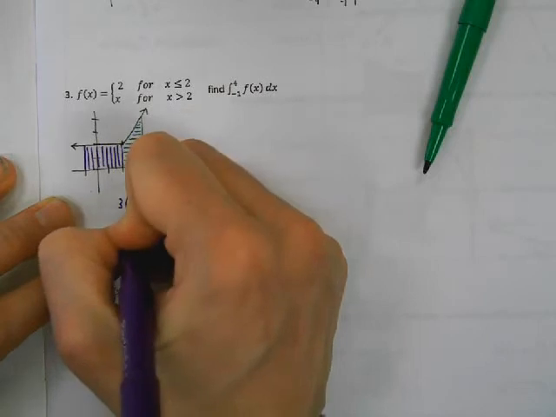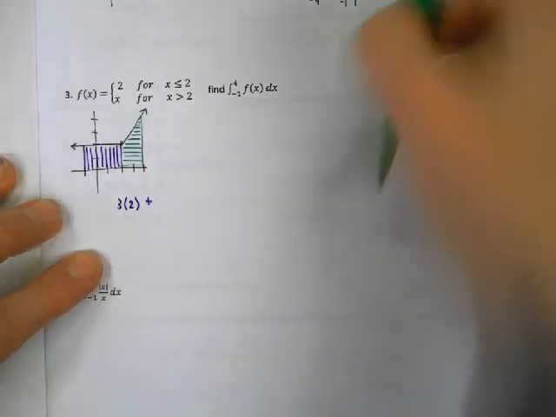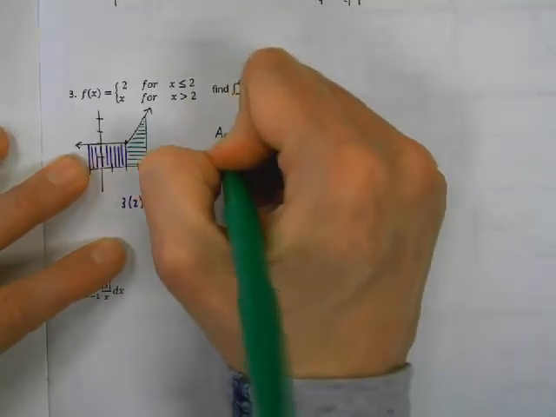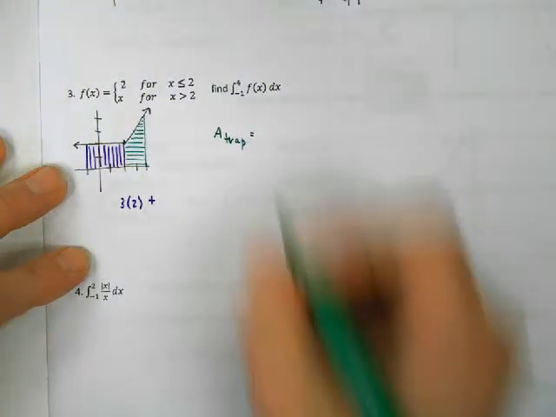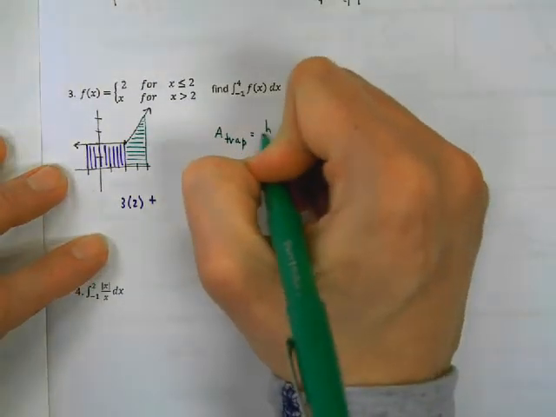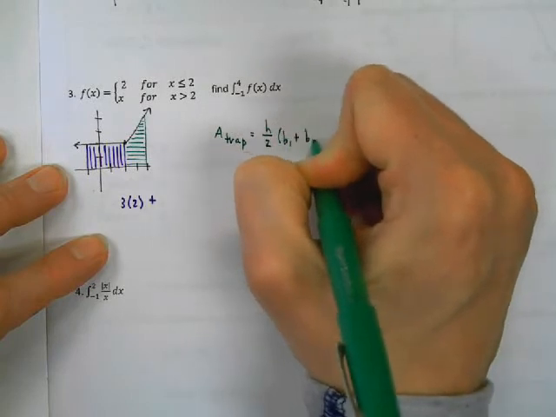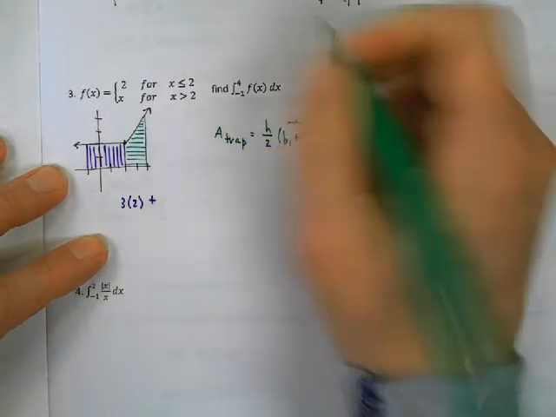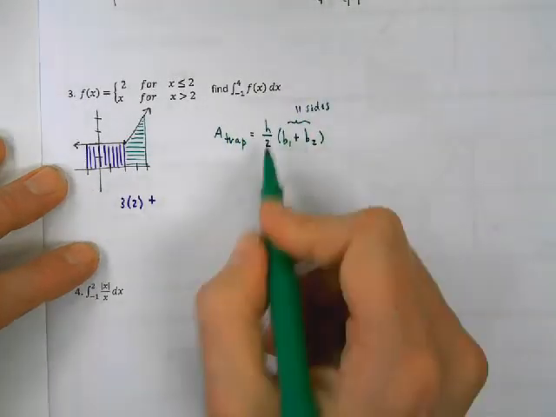And then I'm going to add, now if you don't remember, I'm going to make a note here. The area of a trapezoid, which is actually going to be super important this chapter, is going to be the height over 2 times base 1 plus base 2. And remember, those bases are the parallel sides. And the height is the distance between the parallel sides.